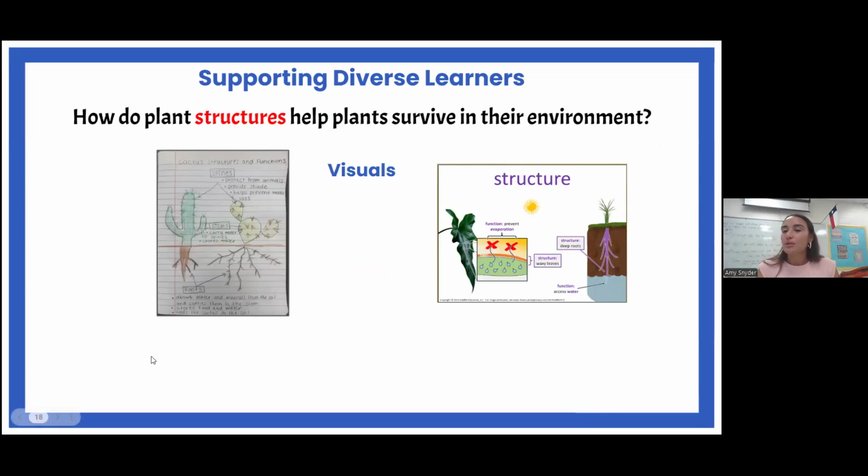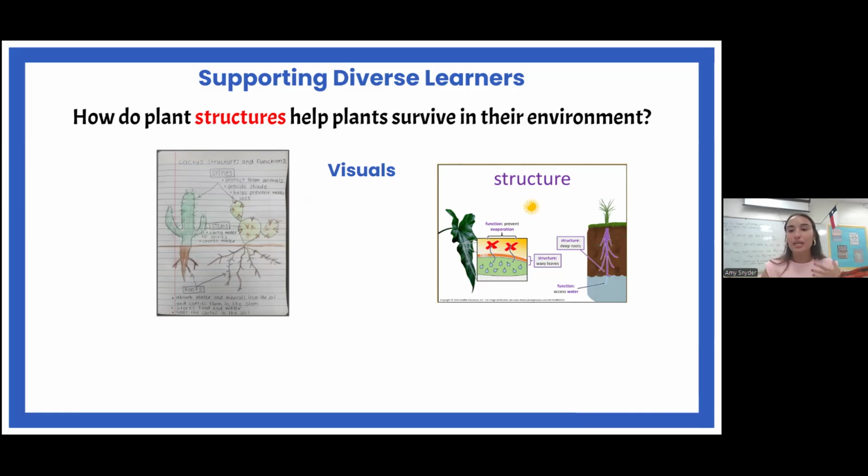Okay, and then supporting diverse learners, providing them with visuals. This is why we included our notebook examples to support this TEK, so that students see the structures and functions in real life, but also how that can look on paper as well. And then being able to associate a visual with the vocabulary word and being able to experience these structures and functions, also using the models as well.